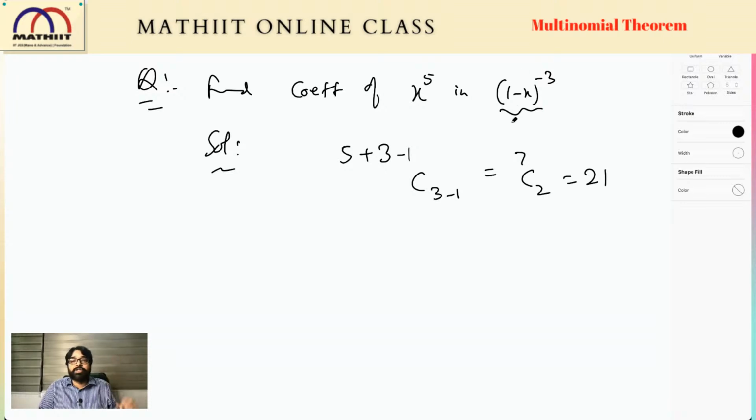When you expand this by using the formula, x power 5 will have the coefficient 21. Is this clear to everybody? Am I right?